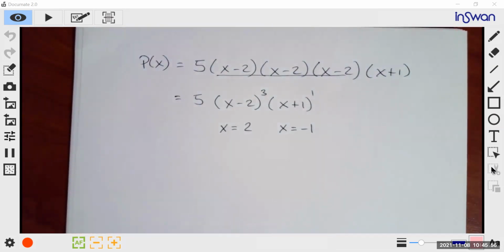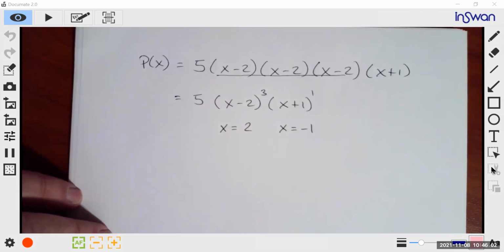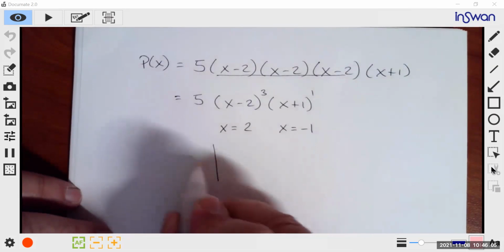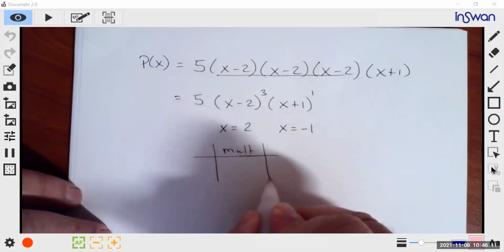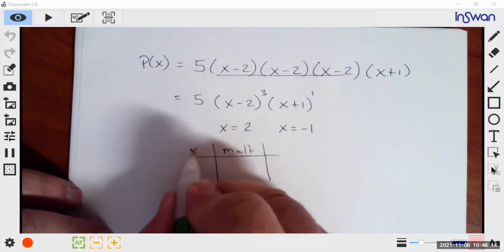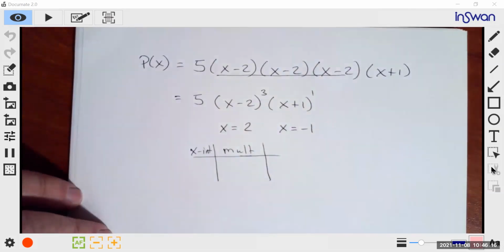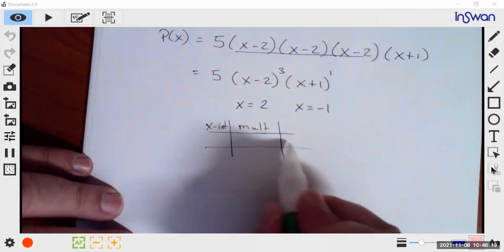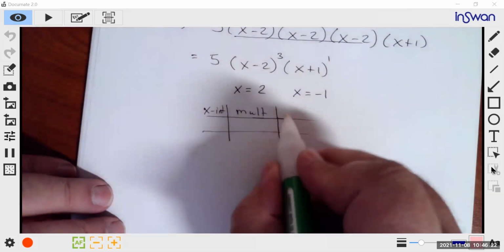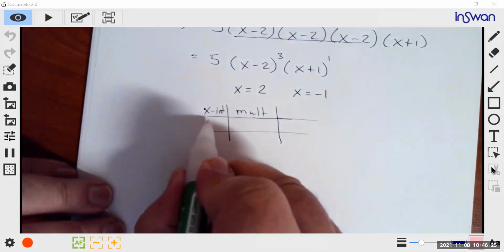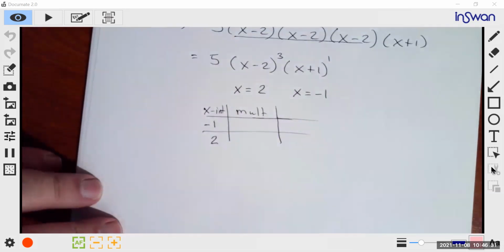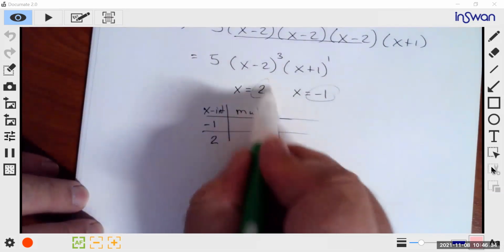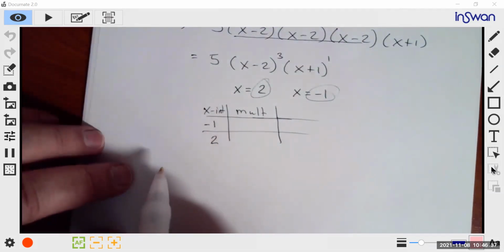And we know the x-intercepts. So use this table here to help you when you draw graphs. So the x-intercepts, we have -1 and 2. Those are my x-intercepts. What are the multiplicities?